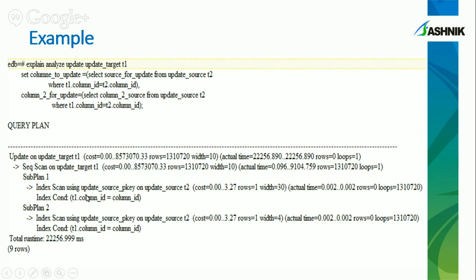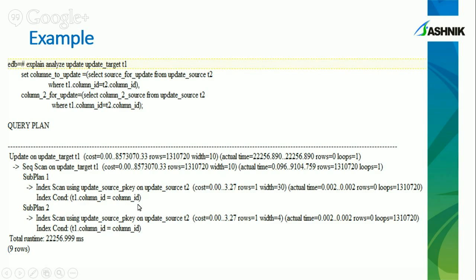These two subplans belong to two different subqueries, and these two subqueries are cumulatively getting executed in almost 22 seconds. And there are a lot of index scans. Even though my columns are indexed, even then this is quite a costly plan.